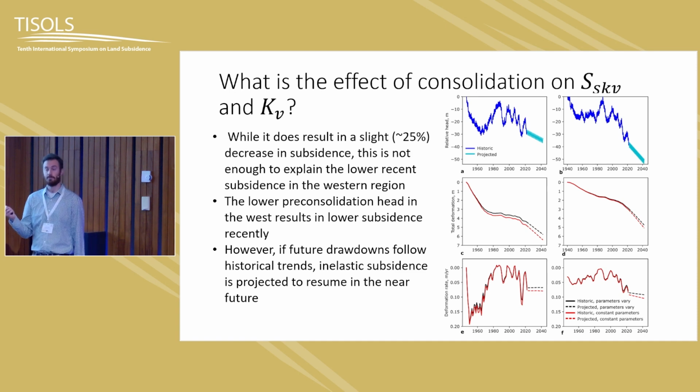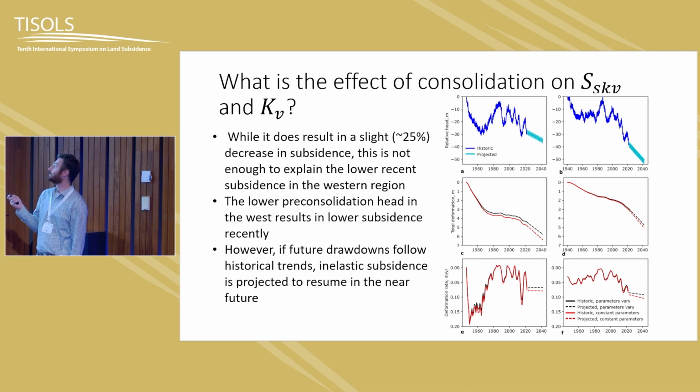So it's definitely having an effect, and it needs to be considered for modeling future scenarios. However, even if you take that away, it doesn't fully explain. So there would still be subsidence in this area if we were dropping below the pre-consolidation head. And you can see that here where we're above the lowest head that the aquifer has experienced, and we're kind of getting close to it, kind of flirting with it.